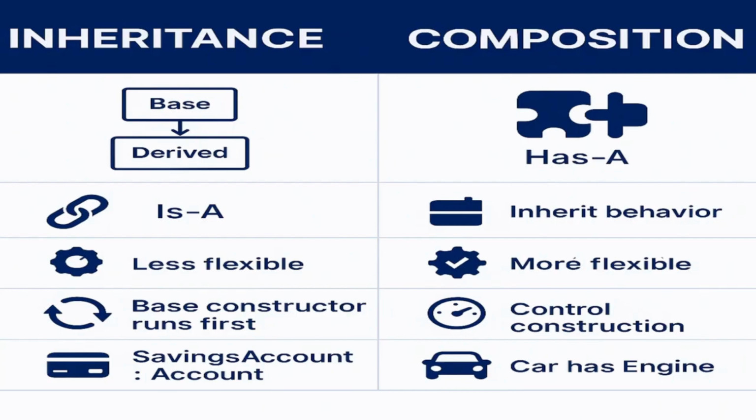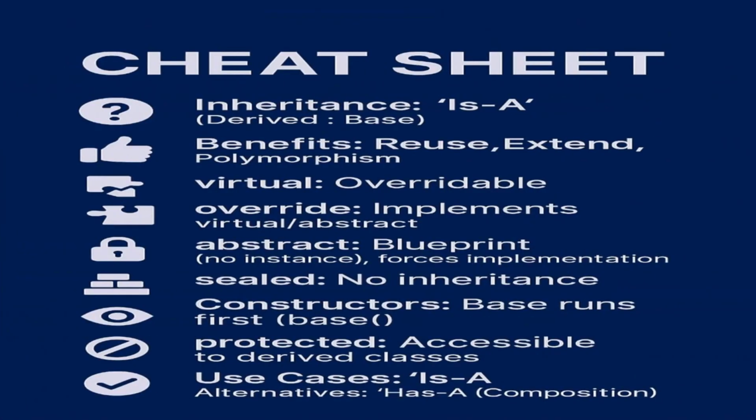Now quickly, I think we talked about all the things related to inheritance. Before we wrap it up, what is inheritance? It is an "is a" relationship. Why do we use inheritance? The benefit is reusability.